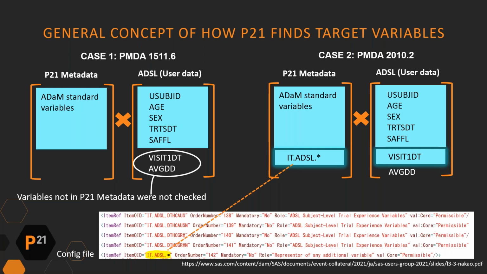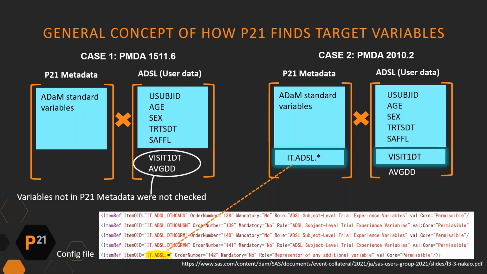So in the case of the two examples, for variable VISIT1DT, DT checks for ADSL will run. AD0041 is a check that a variable ending DT does not have the ADaM required SAS data format. AD0041A is a check that DT variable has missing SAS data format.